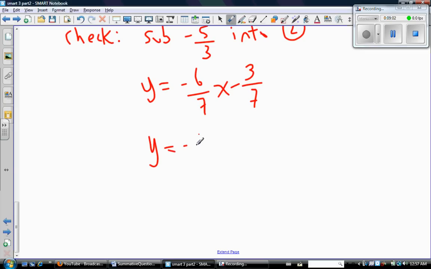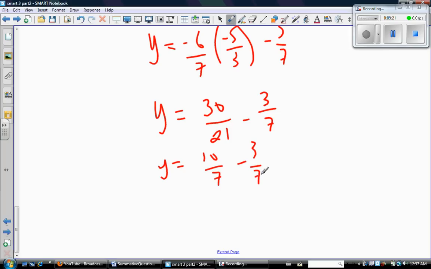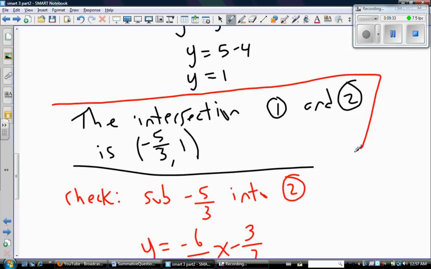So to be really sure, I'm going to double check in equation 2. So multiplying fractions, I get positive 30 over 21. That reduces to 10 over 7. Oh, looking good. So y equals 7 over 7. Y equals 1. Yay! Now I'm absolutely certain that the intersection of 1 and 2 is this point here.